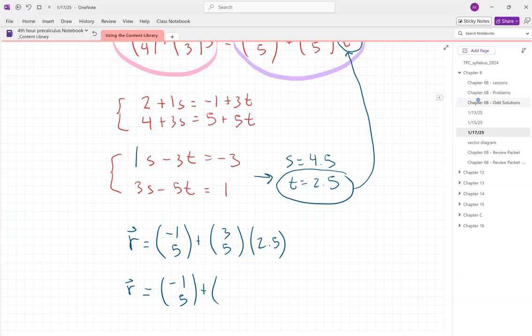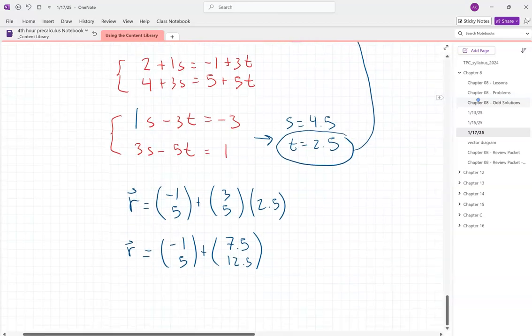So 3 times 2.5 is 7.5. 5 times 2.5 is 12.5. Everybody's okay there. I just did the scalar multiplication.